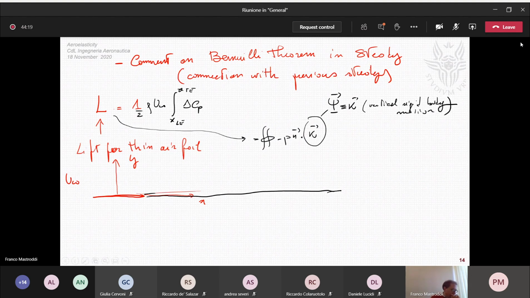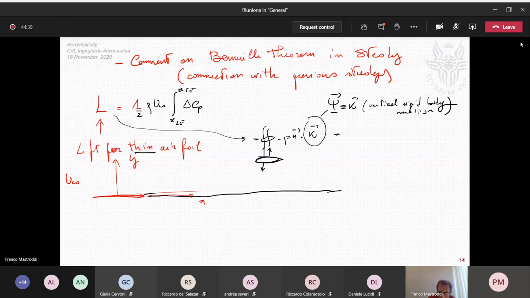And in the case of thin airfoil, this integral is a body integral up and down, the surface integral around the airfoil.